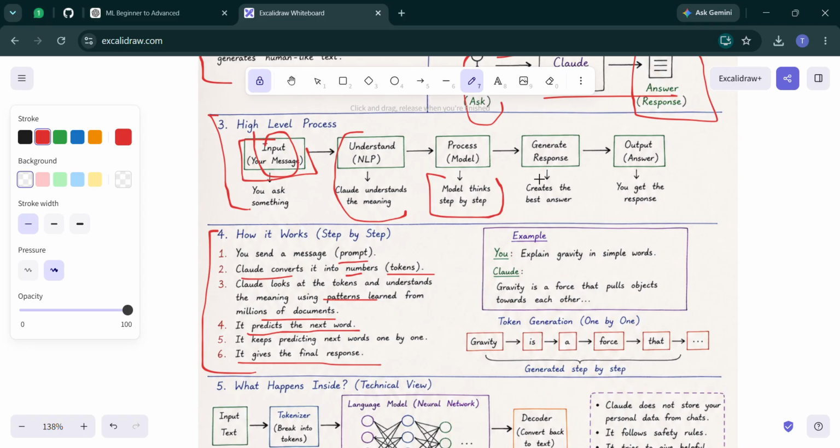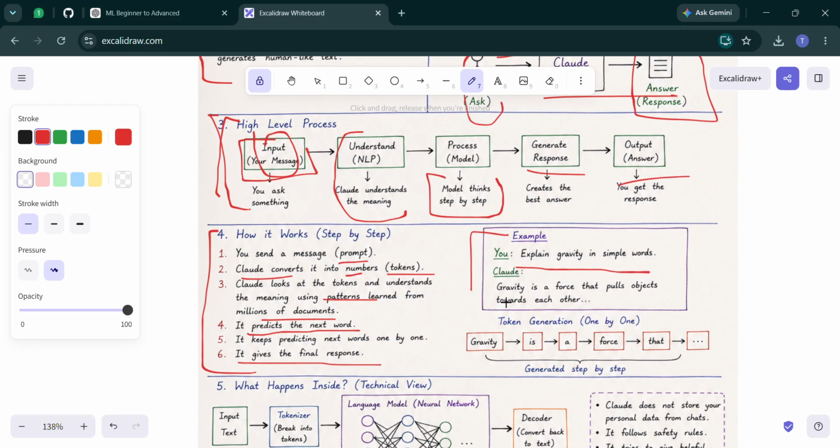After that it generates the response and outputs the answer. This is the high-level process. Now let's look at an example.